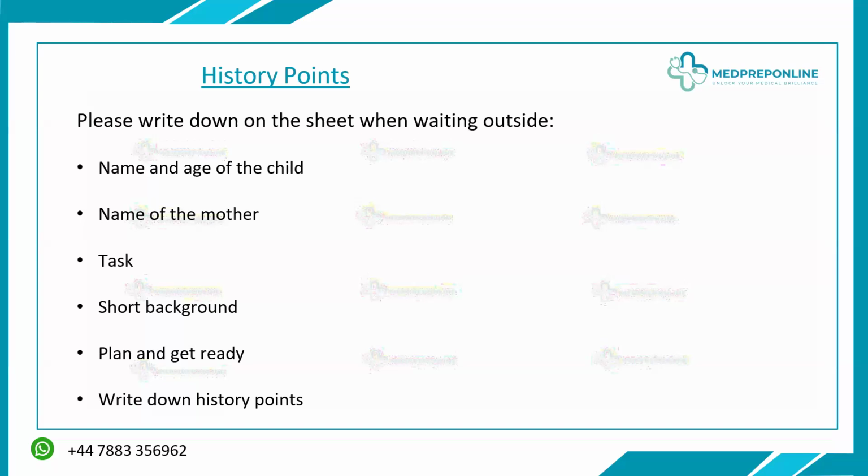You can write down the headings of the history and leave 3 to 4 lines below every point where you can write down your important positive findings. Don't write long sentences during the history because you won't have enough time. Only write the important points, only positive things.